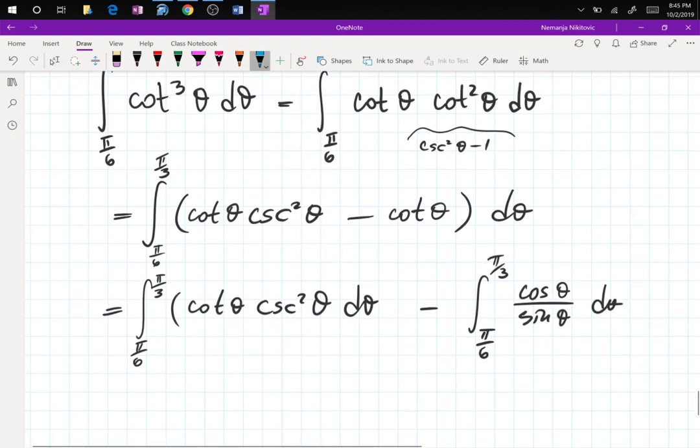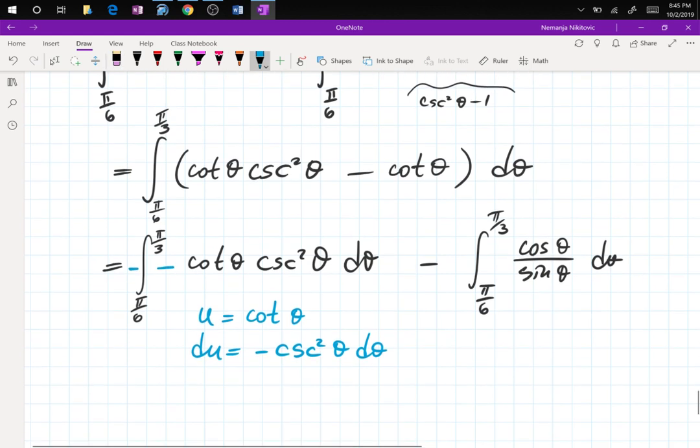So for the first piece in blue, u equals cotangent theta, because the du is going to be negative cosecant squared theta d theta. So I need this negative. I don't need this parenthesis, so I'm going to kill the parenthesis, and I just need this negative sign for the negative cosecant.